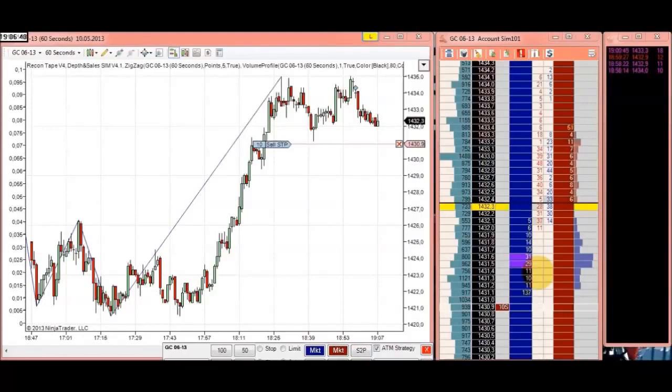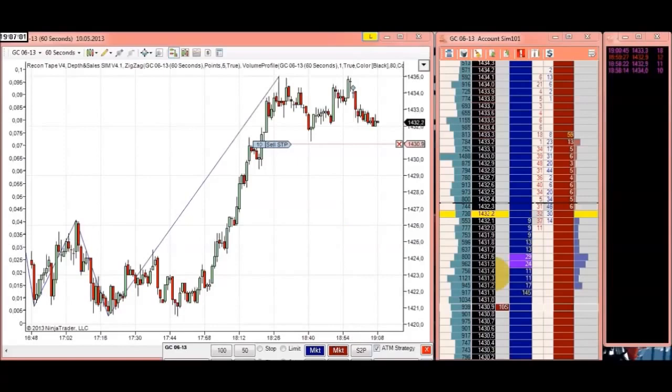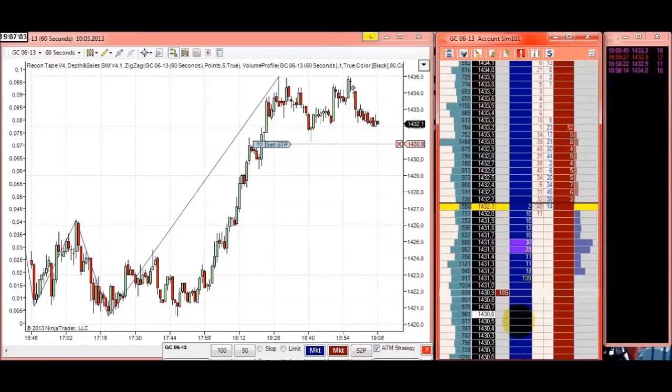So now it's dropping. So 20 contracts now is a pretty reasonable expectation of a large order. So let's see if we can get some move here.